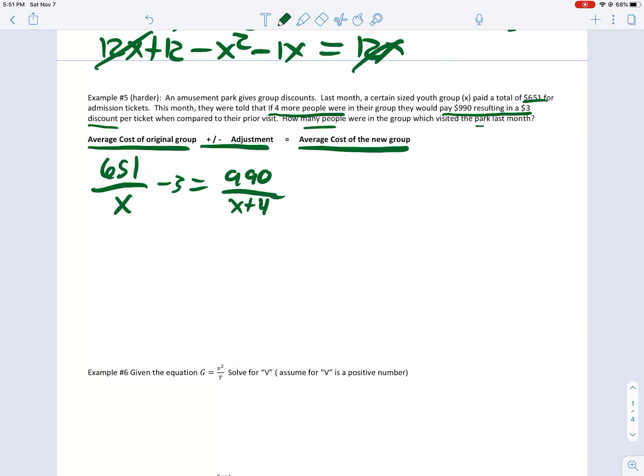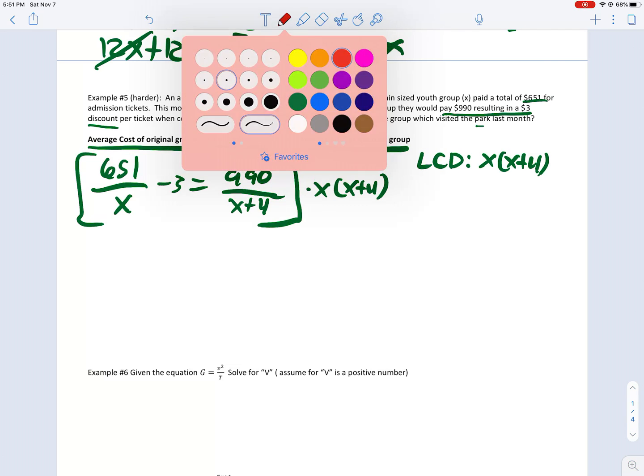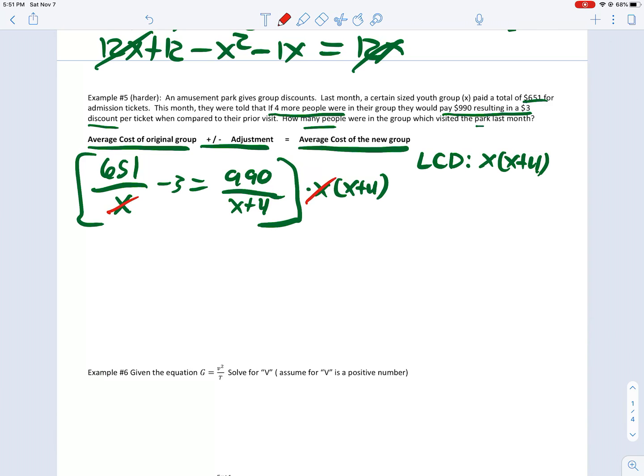So now find my LCD. That would be x times x plus 4. So multiply everything times x plus 4. And then I just got to clean this up. So x times x, those reduce. So you get 651 times x plus 4.